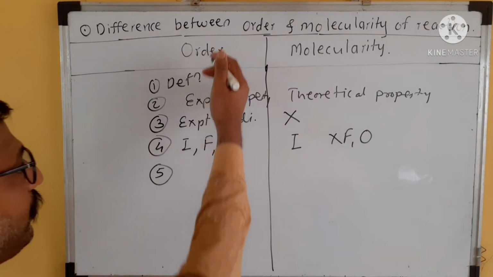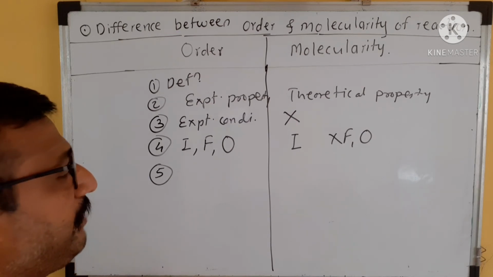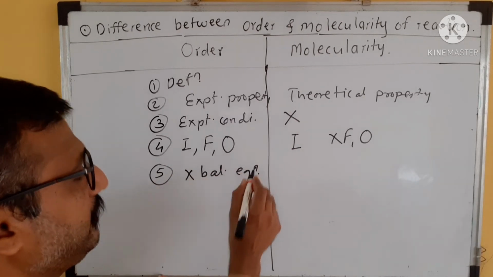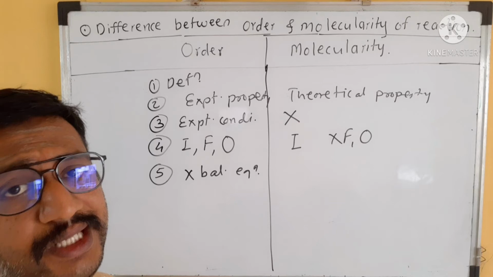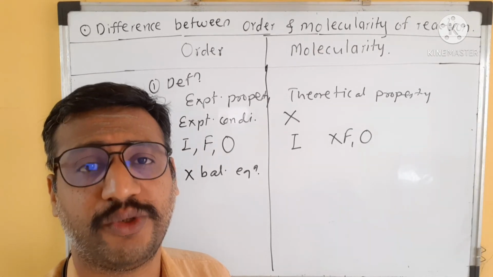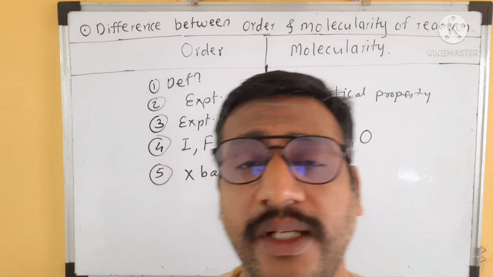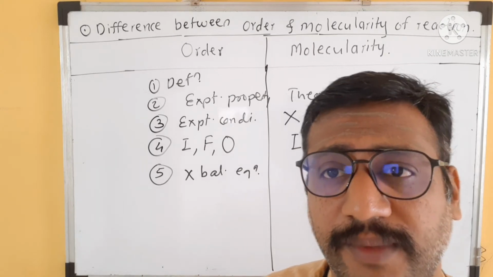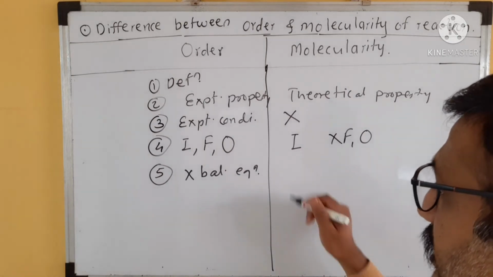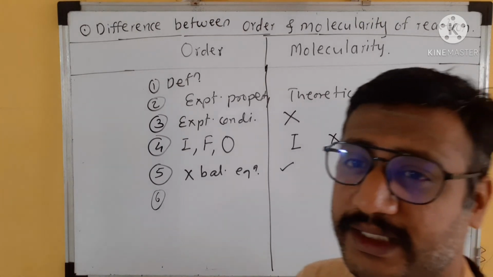Next, we can't determine the order of reaction by seeing only the chemical equation. If we have a balanced chemical equation, it is true that for an elementary reaction, a simple reaction completed in one step, the order equals the stoichiometric coefficients. But for molecularity, by seeing the balanced chemical equation we can state the molecularity of the reaction.